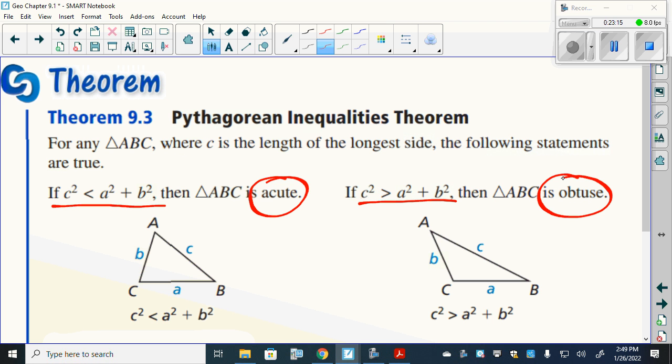We won't be able to calculate exactly what the angle is, but we can determine whether or not the triangle is acute or obtuse.